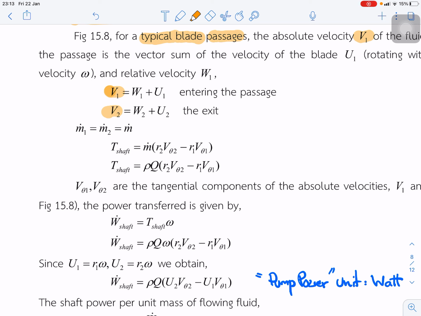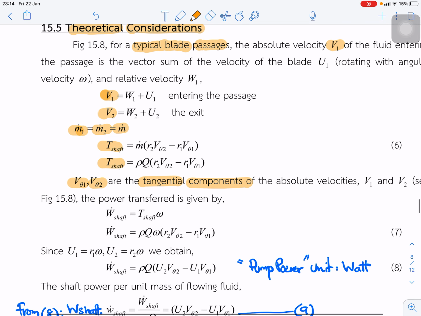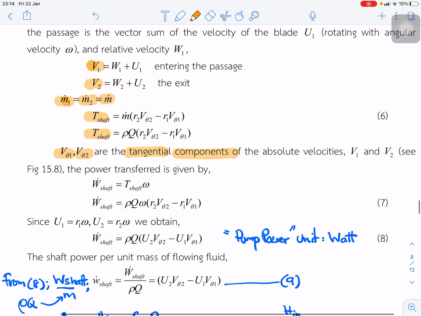The mass flow rate is the same, so we can write the torque T based on this equation and substitute m dot. V theta 1 and V theta 2 are the tangential components of the absolute velocities V1 and V2. The power transfer is given by the torque times the angular velocity.